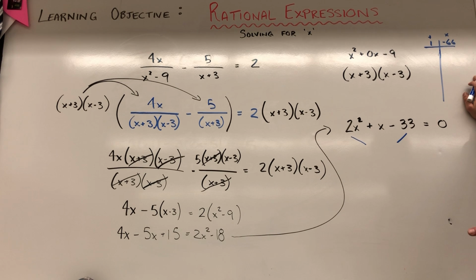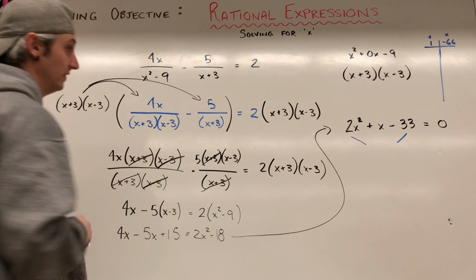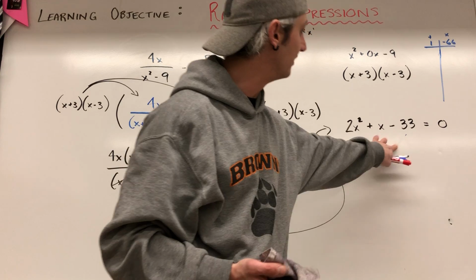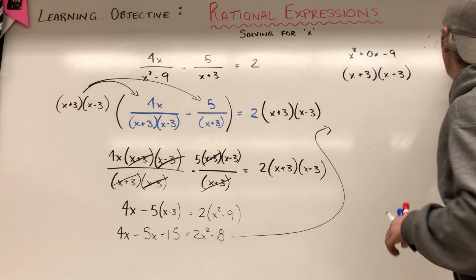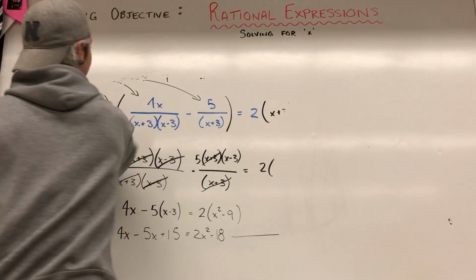They just said to get rid of the denominator. 11 times 6. Yeah, no, I don't think this is going to happen. 33 times 2. No, I don't think this is possible, and I'm sorry if it is and I'm missing something. So we would have to use the quadratic formula to solve for x here. And I'm not going to do that right now because I want to focus on the task at hand.